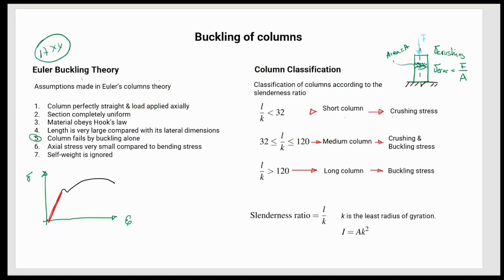If I look at this slenderness column classification, I know that of these three types of columns, the medium column and the long column might fail by buckling, meaning that Euler might be applicable only for these two cases and not for the short column. So here start the limitations of Euler's buckling theory: it might be used, but I may not be able to use it here.